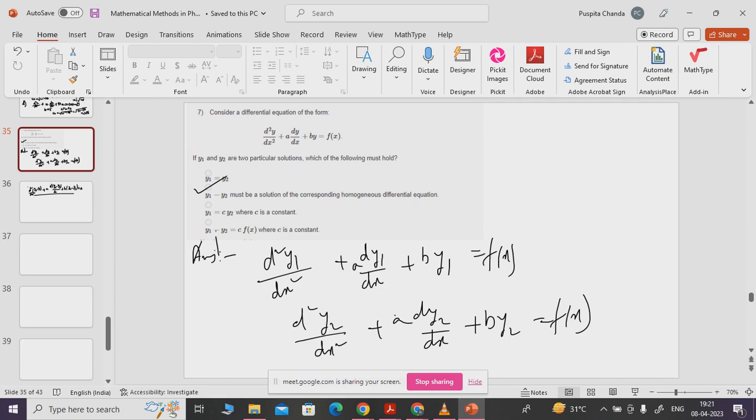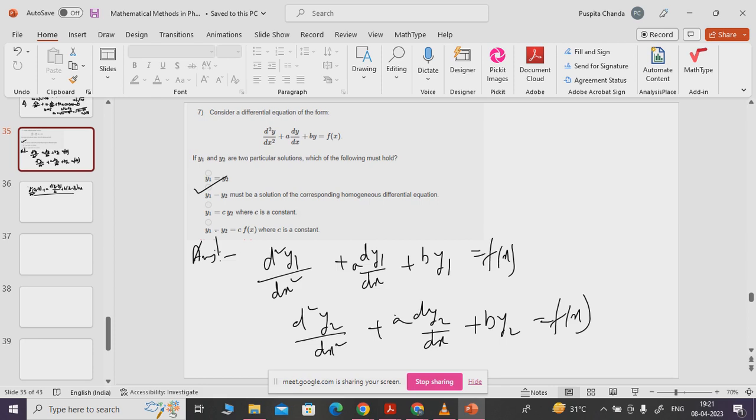You can also keep it in mind, or remember it like this: if a non-homogeneous second order differential equation has 2 particular solutions y1 and y2, then the difference of those 2 particular solutions will be the solution of the corresponding homogeneous differential equation.